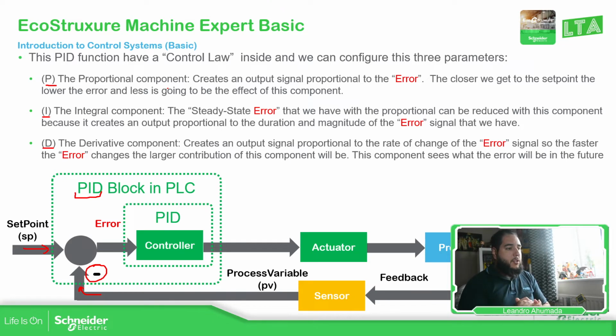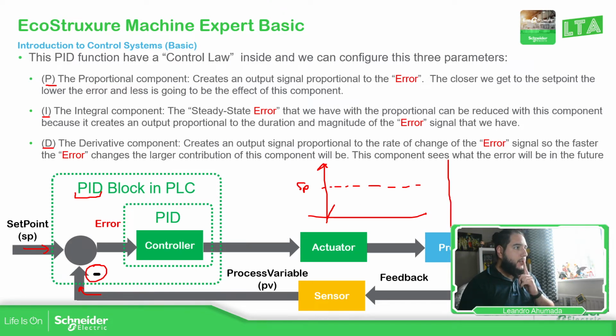Okay, so imagine that, let's try to see if I have it like this. This is going to be the set point. And if we are using only the proportional part, we're going to have the error.